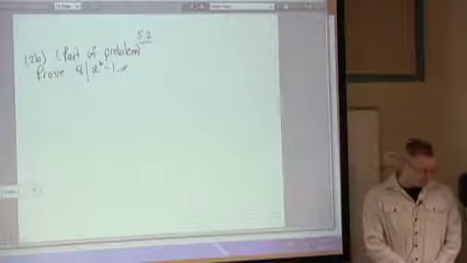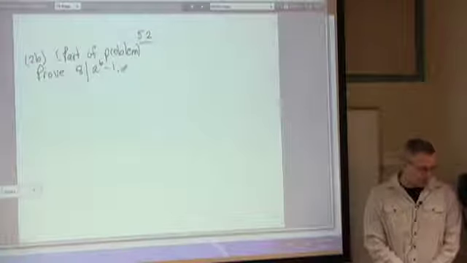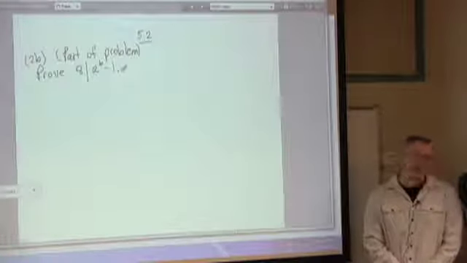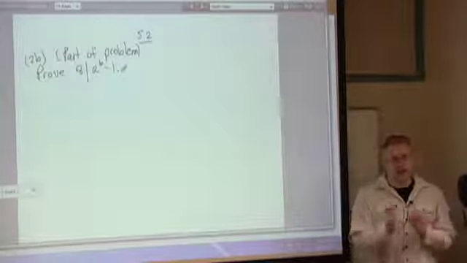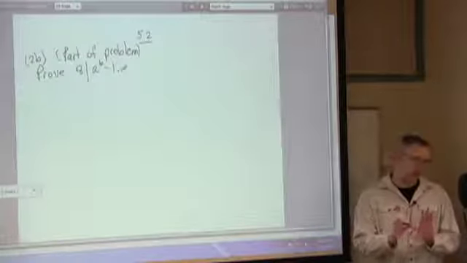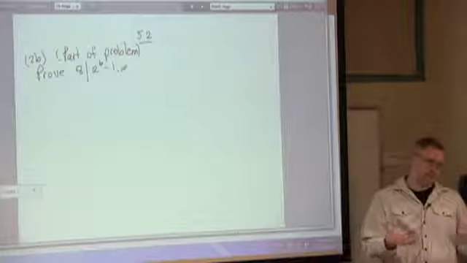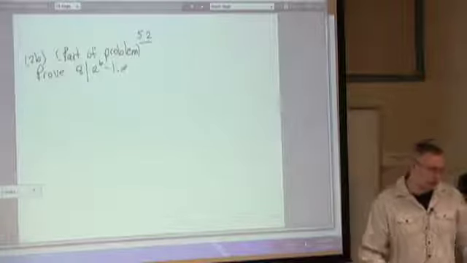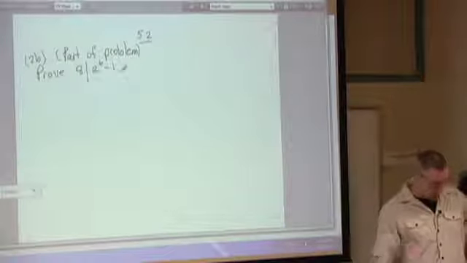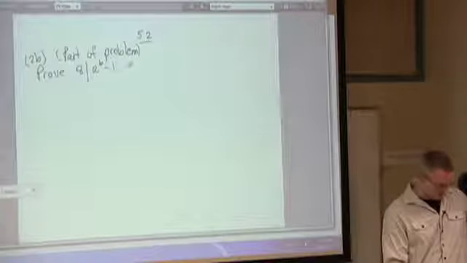I guess the original problem was to show that a to the 6th is congruent to 1 modulo some bigger number, but the whole point is that you break the modulus down into its pairwise relatively prime pieces by factoring, and then you have to prove this result for each of those pieces and then put everything together at the end. Okay, and I gave you a hint. I kind of just did this off the top of my head, and actually it's a good hint because it works out pretty well.